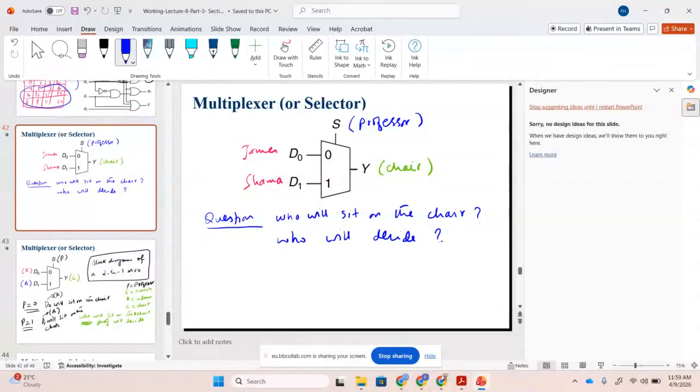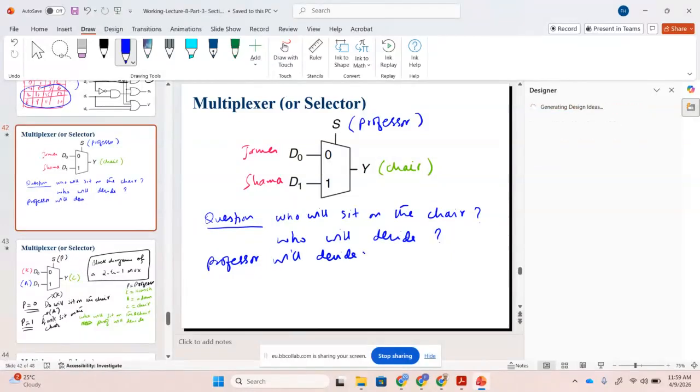Please at least answer. Shama? No, the professor will decide. I have the authority, Shama doesn't have any authority. So the professor will decide who will sit on the chair.